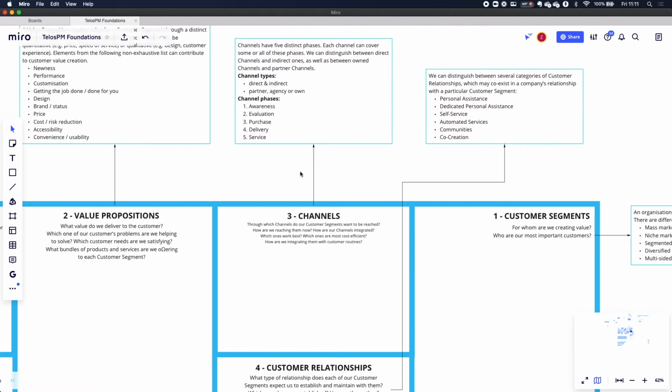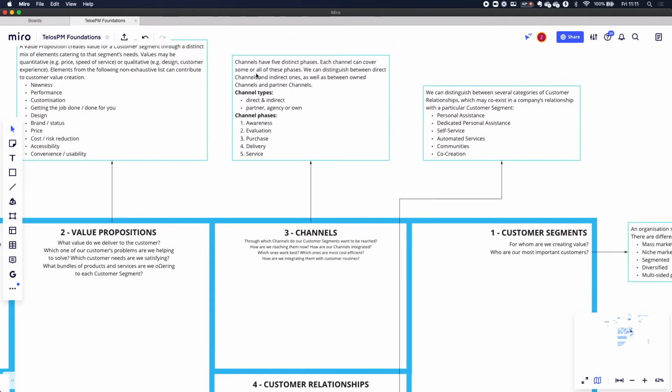Now, channels have 5 distinct phases. Whenever you're talking about selling a product, there are 5 distinct phases, and they are awareness, so making your customers aware of your business, your products and services. Evaluation, so giving them enough information, allowing them to try something, to see something, so they can evaluate it.